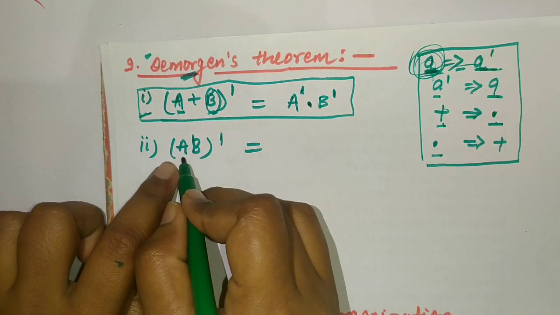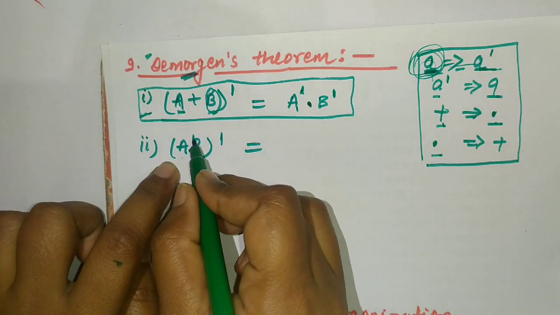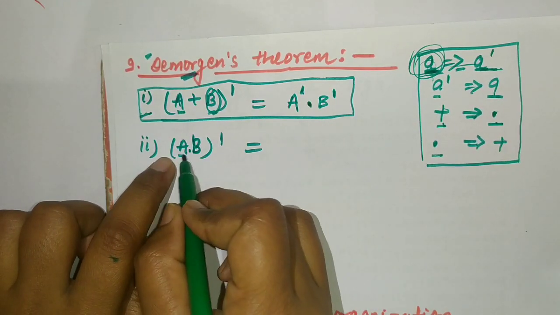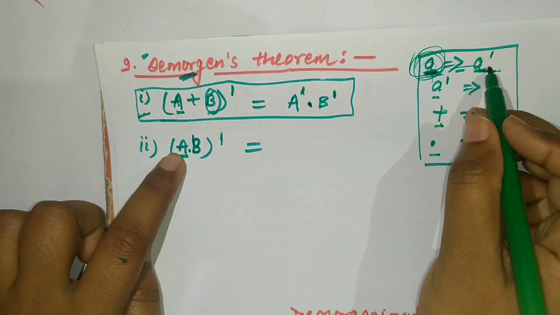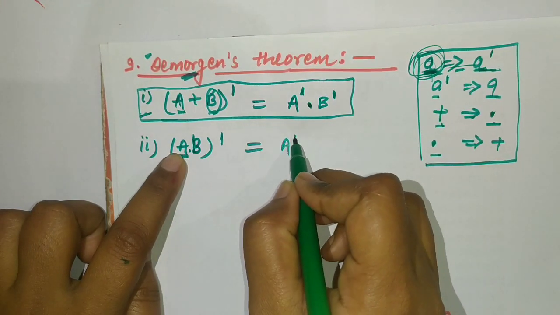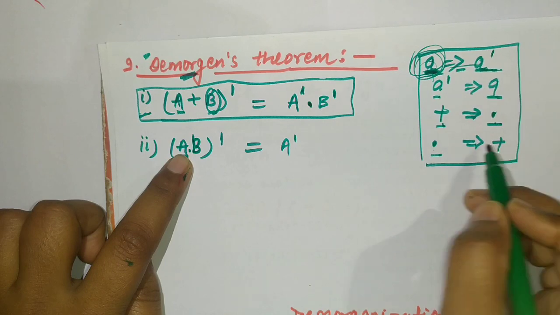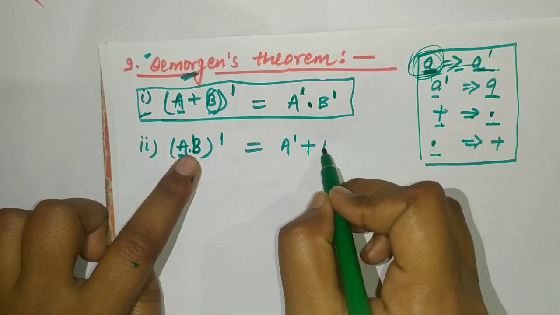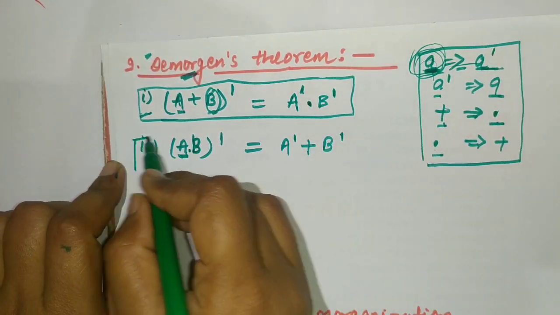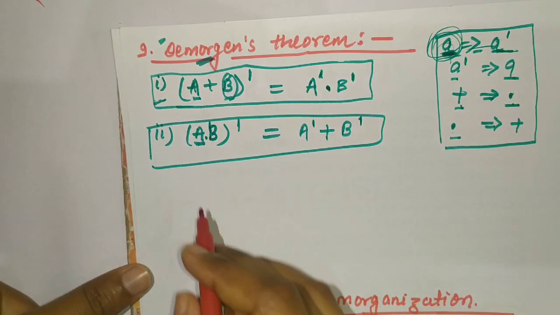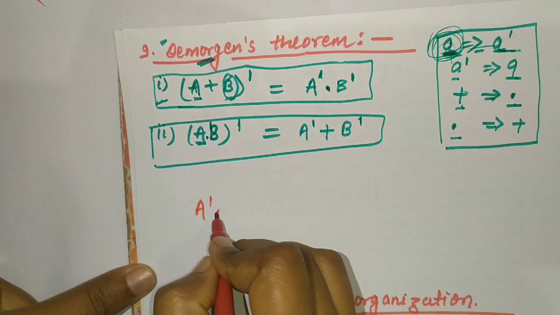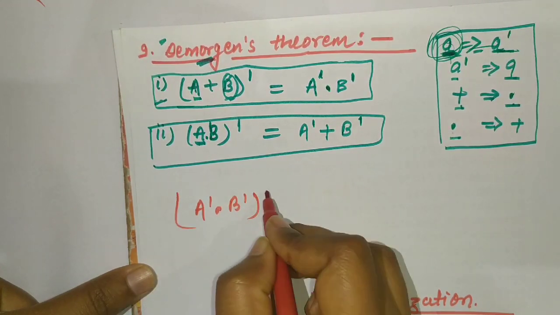The second one is A into B whole dash. Here A is without dash, so A is converted to A dash, into is converted to plus, and B is converted to B dash. This is the output. Let's take another example: A dash into B dash whole dash.